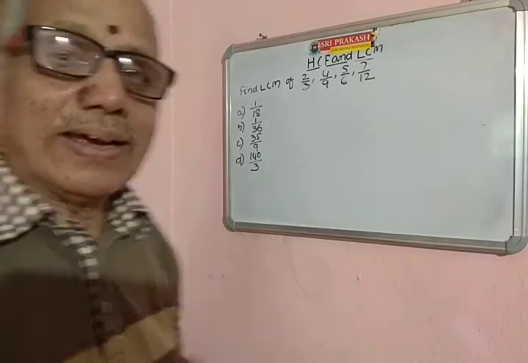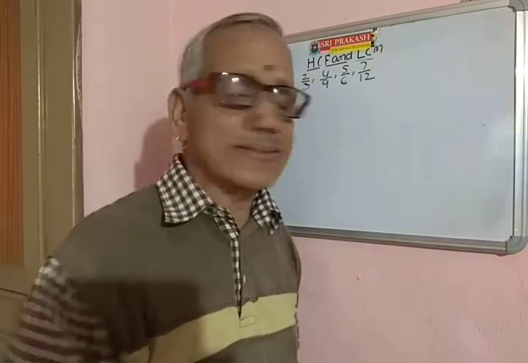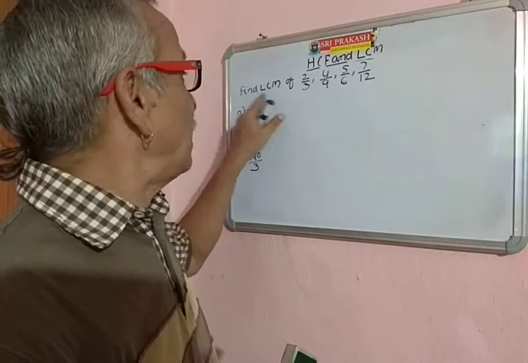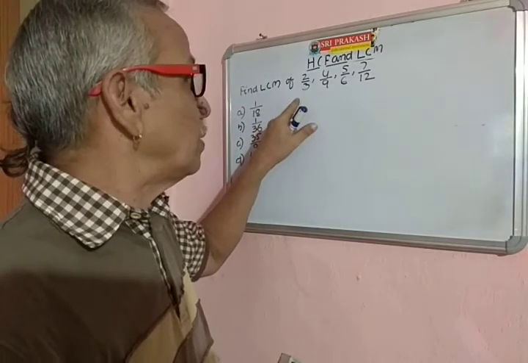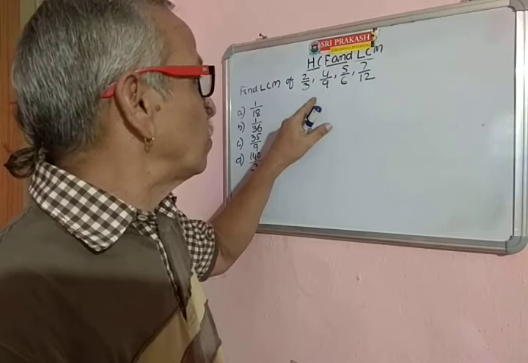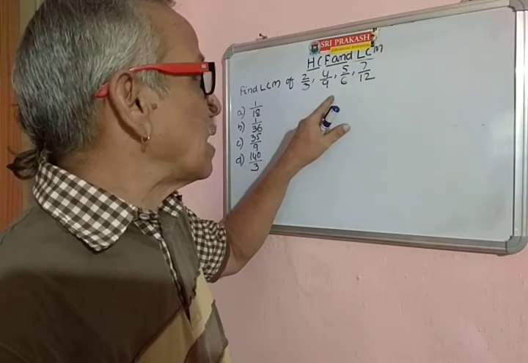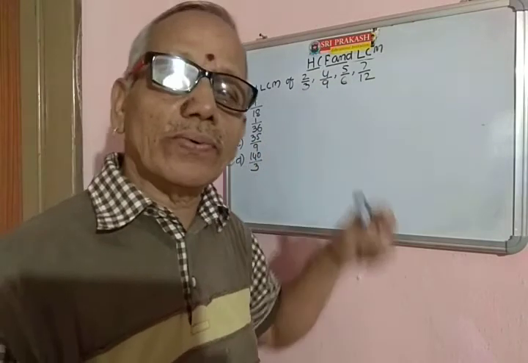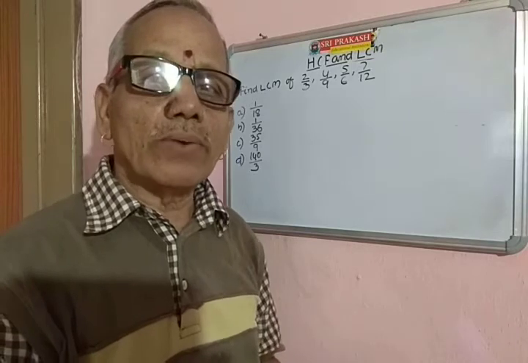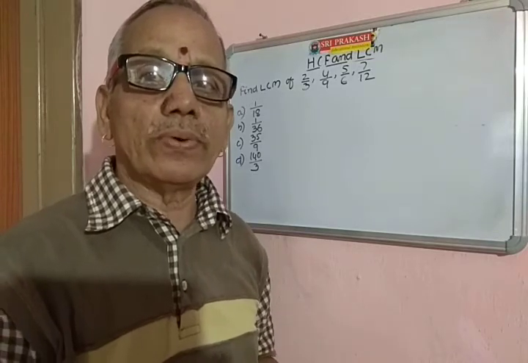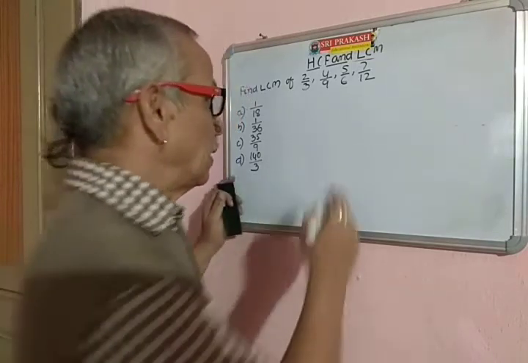So your next sum reads like this. Find LCM of 2 by 3, 4 by 9, 5 by 6 and 7 by 12. What is the formula for LCM of fractions?